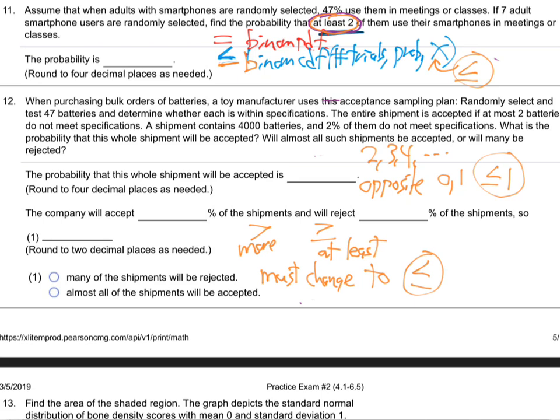So that's what you have to do, because what you put in here the calculator automatically assumes you mean that spot or less than or equal to it. So you've got to do the opposite. So the 1 minus part is true. I said 1 minus the answer.